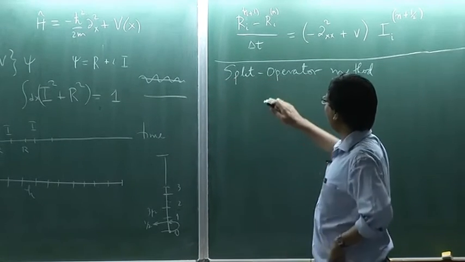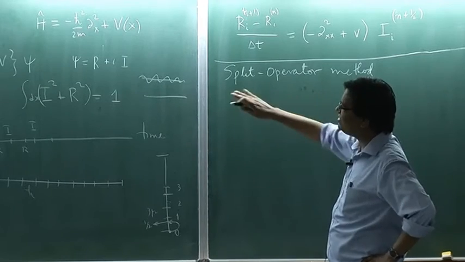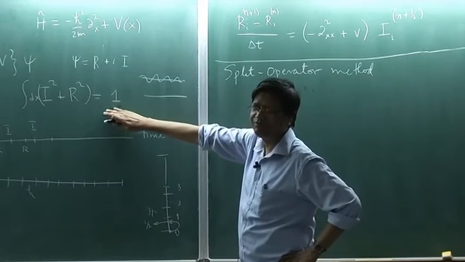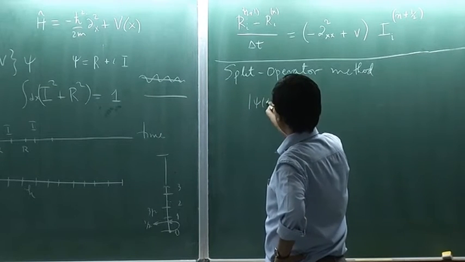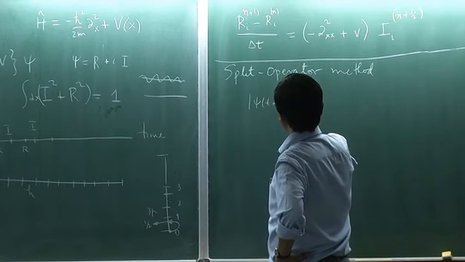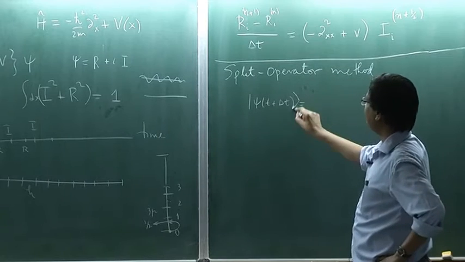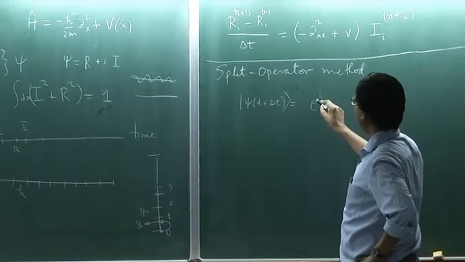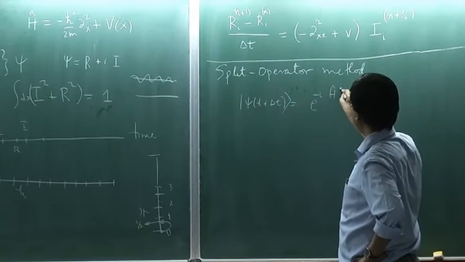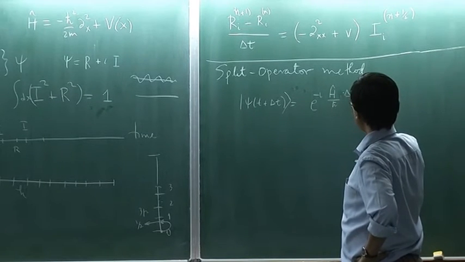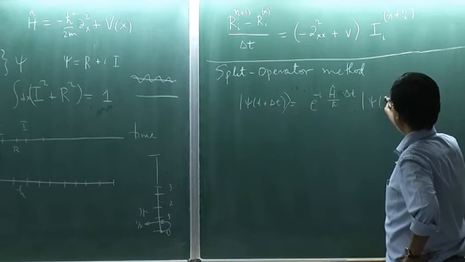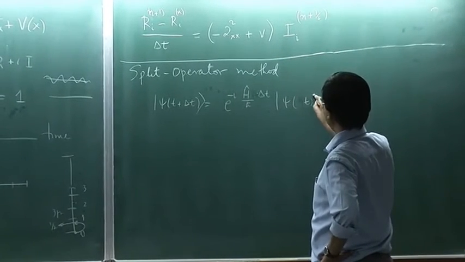So there is another scheme called the split operator method, which also preserves this, and the idea is the following. So we can get psi at t plus delta t in operator form as e to the minus i H t by h bar acting on psi, right.